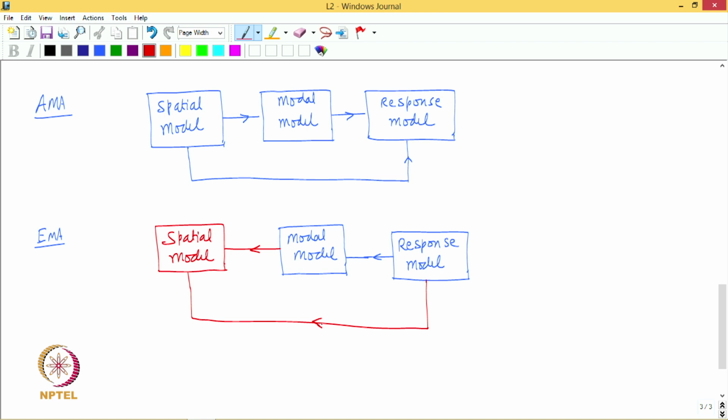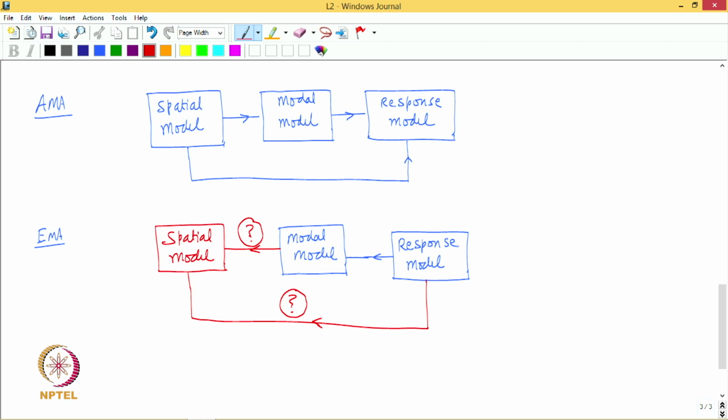But as we will see later, practically it is not so feasible to obtain the spatial model either from the modal model or the response model, right. So, there are some practical difficulties because of which the spatial model cannot be easily obtained from the modal model or response model, because of the incompleteness of the data we obtain from measurement.